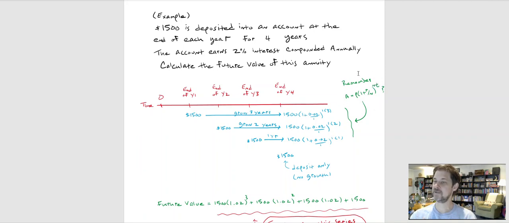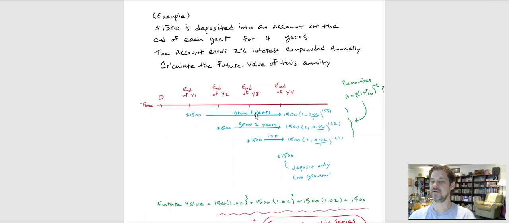Remember that formula right there? That's our compound interest formula. P is principal, that's the amount that's earning the interest. R is the interest rate, the annual rate. N is the number of compounding periods per year. And T is the total number of years. So that was our formula, and I'm going to apply that here.